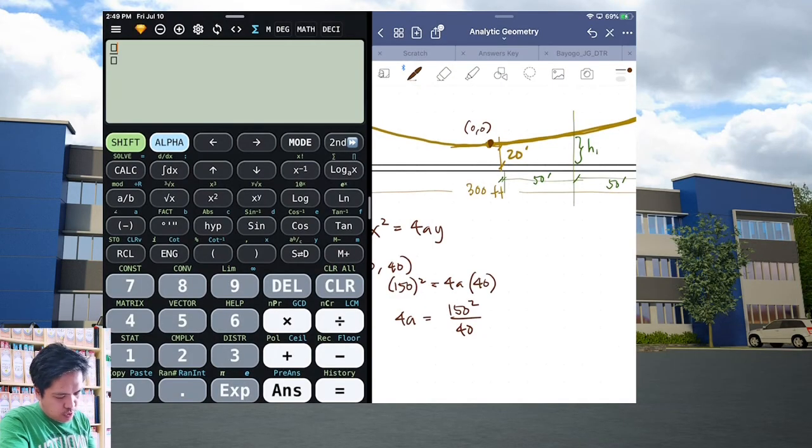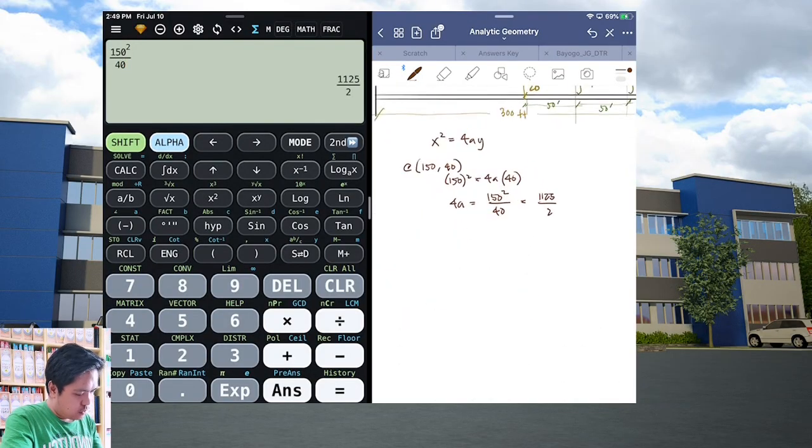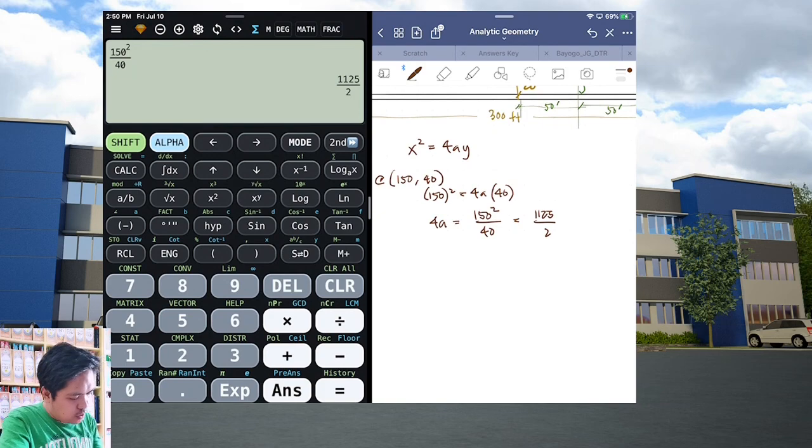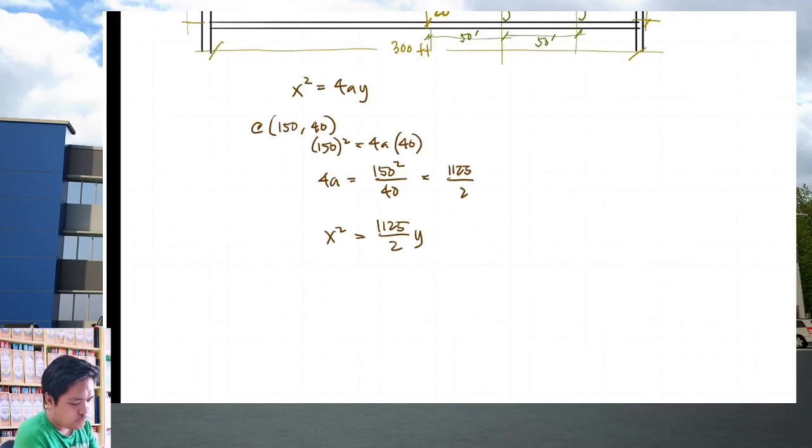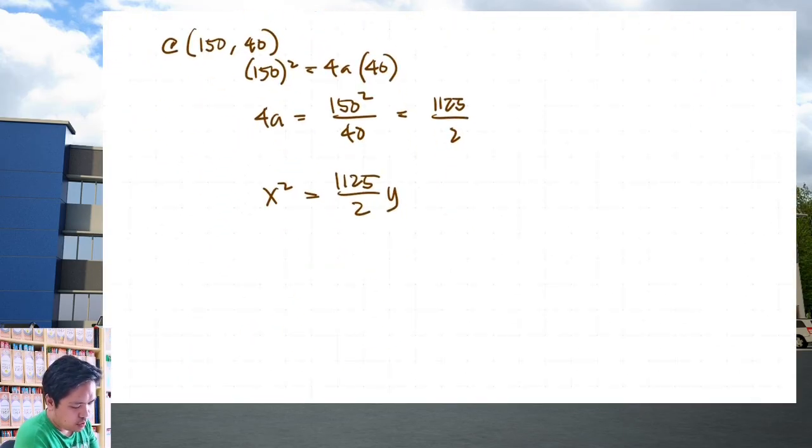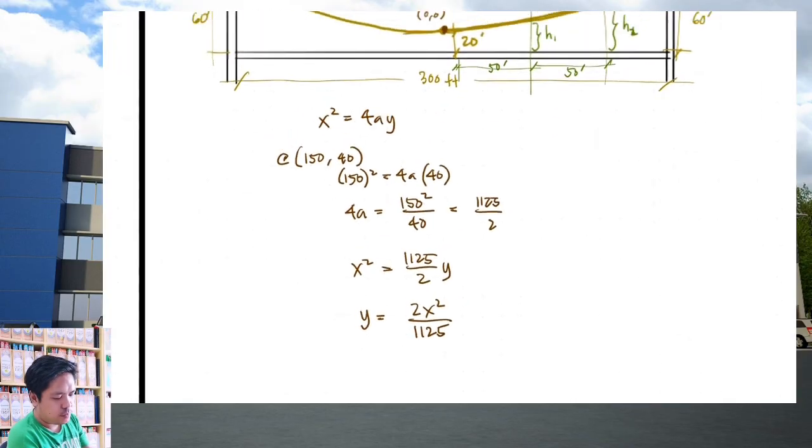So, we have 150 squared over 40. That's 1125 over 2. So, the equation now is x squared equal to 1125 over 2 y. Okay? So, pwedeng ganyan. Or, y is equal to 2x squared over 1125. So, that would be the equation of y.